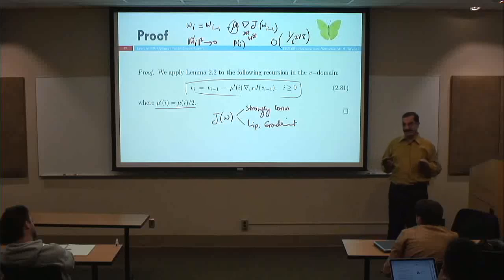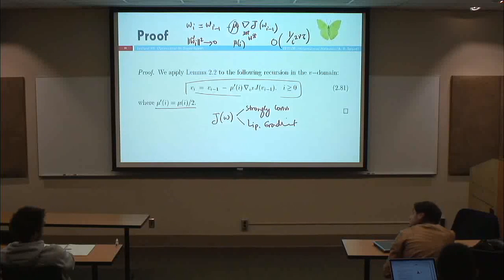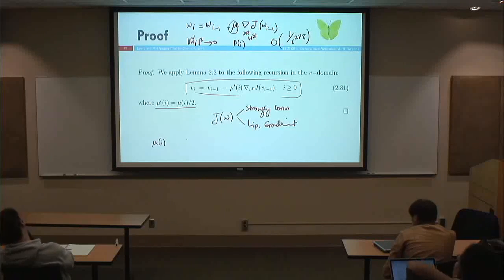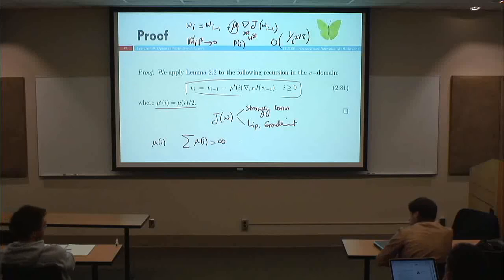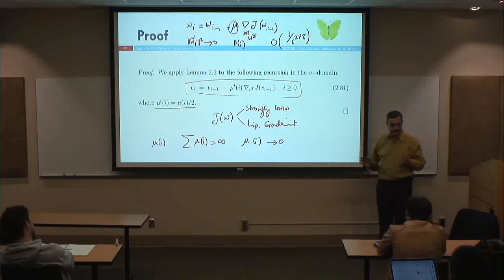What I said is, and this is not if and only if, okay, pick a step size sequence that satisfies these two conditions, so the sum of mu goes to infinity and mu converges. Under these two conditions, I can show that the algorithm converges, okay?